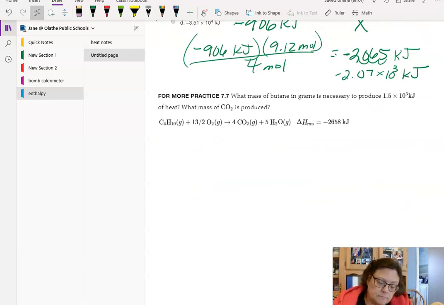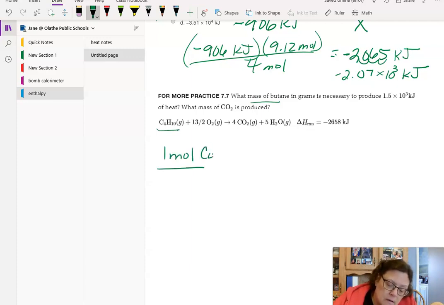Next one. Now we're going to solve for moles and mass. Okay. Here we're talking about butane. Butane has 4 carbons. So we know that 1 mole of butane gives 2658 kilojoules.